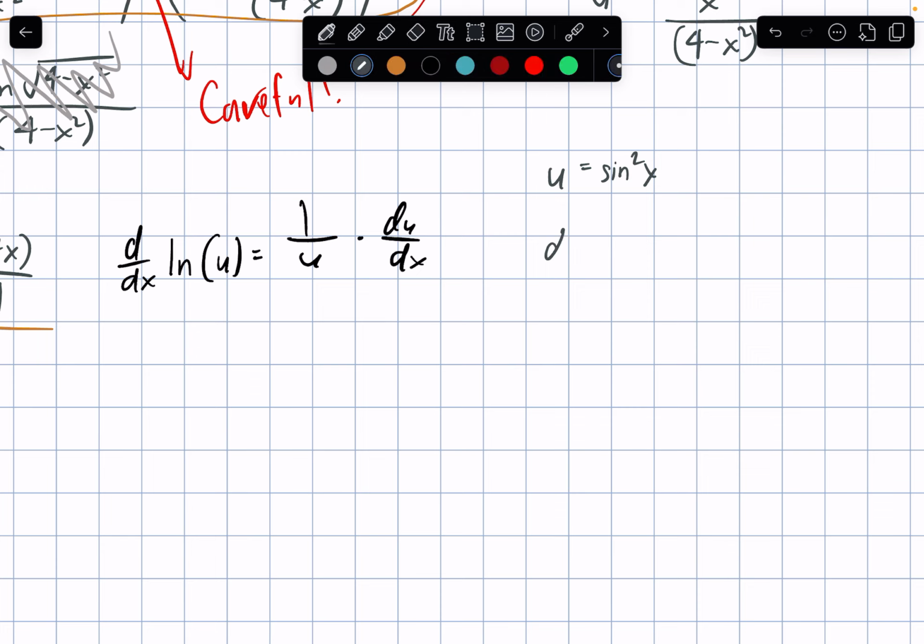So if you want to look for the derivative of u, that's going to be, I don't know, sine raised to 2x.